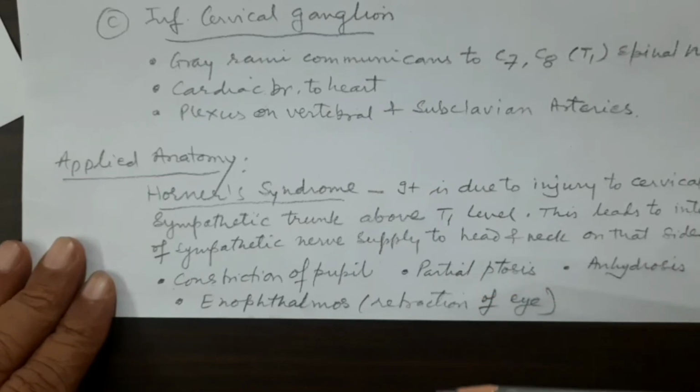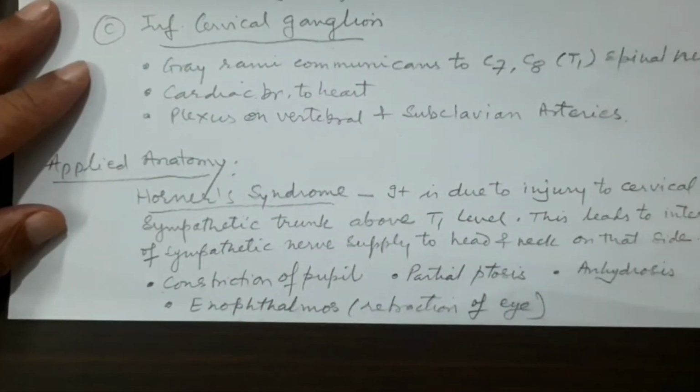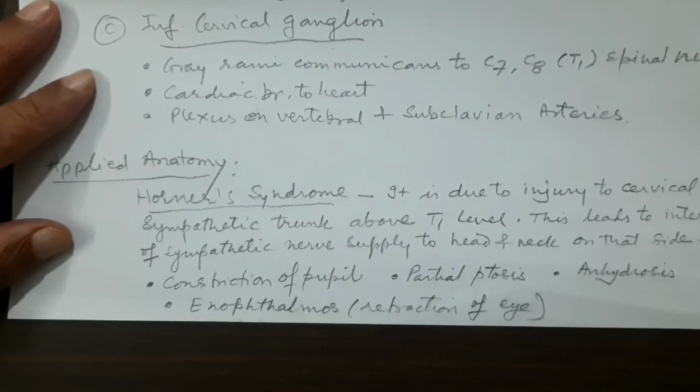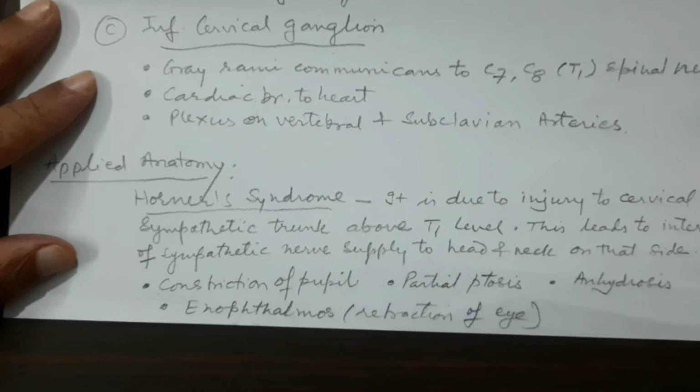So in the absence of sympathetic, naturally the parasympathetic, which is the constrictor pupillae, will become overactive and the pupil will be constricted. So the patient will come with a constricted pupil on the side of the Horner syndrome, on the side where the sympathetic trunk is cut. Cut means injured, or with any disease its fibers are interrupted.